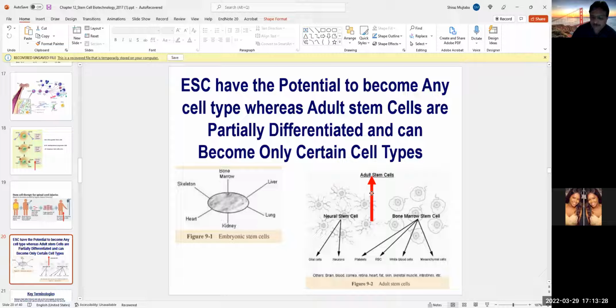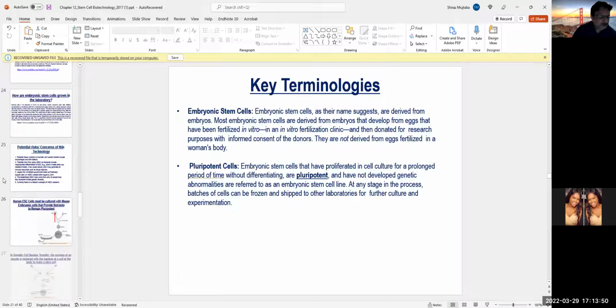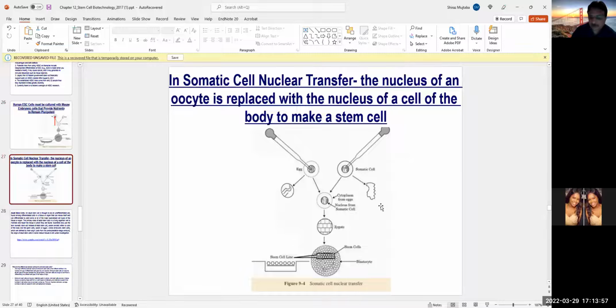And by the time a person becomes an adult, the hypothesis is that every matured organ has stem cells, as compared to an embryo, where the fifth day embryo has the inner cell mass, which is the human embryonic cells. So look at these terminologies and the difference between adult cells. I mentioned to you that for growing stem cells, one of the ways a nutrient can be provided is to grow these stem cells in the presence of mouse cells.